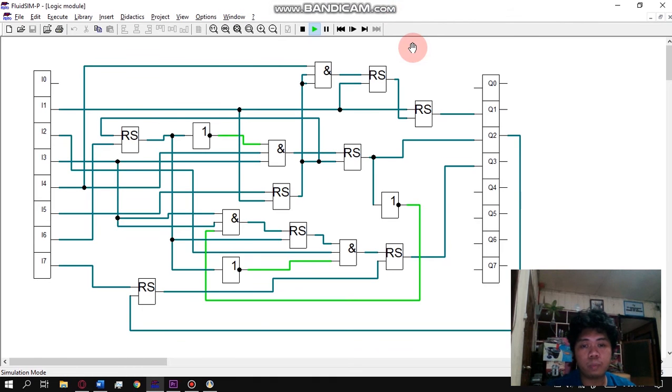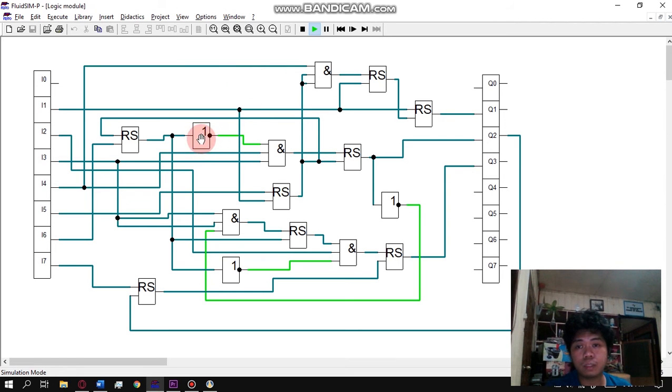Moving to the program, focusing on the logic module, it consists of several blocks that utilize the concept of logical operation, which includes the AND block, the NOT block, and latching components, specifically an SR latch. The AND block utilizes the concept of an AND operation, where two inputs must be high in order to generate a high output, or logic 1.